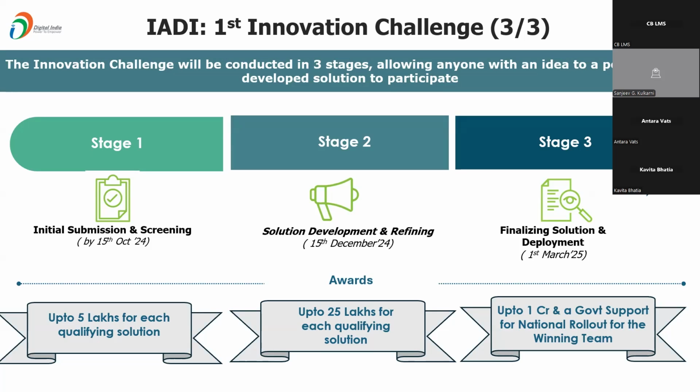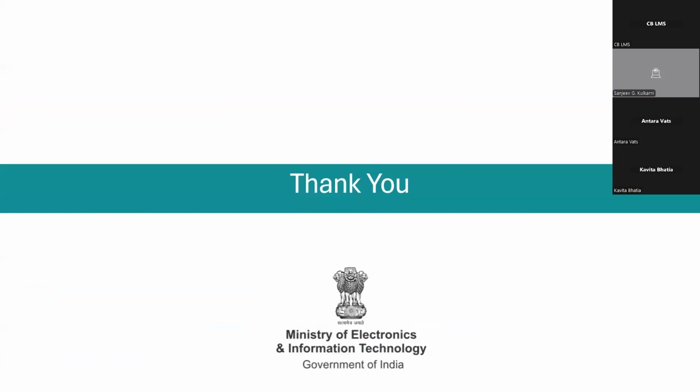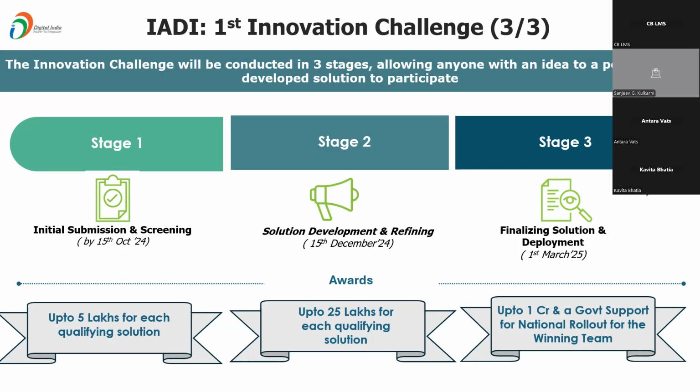Whoever gets selected in stage 2 will be given 3 months time for the final solution architecting and creation, so that we can take this solution ahead for the national rollout, and we will be giving the entire support to the winning team for the rollout, and the winner will get 1 crore. This is what the entire challenge is about.